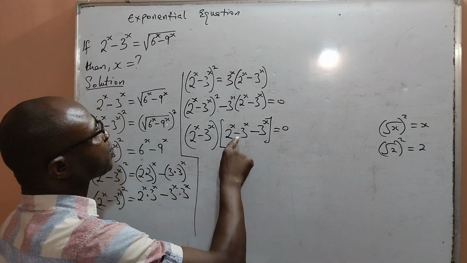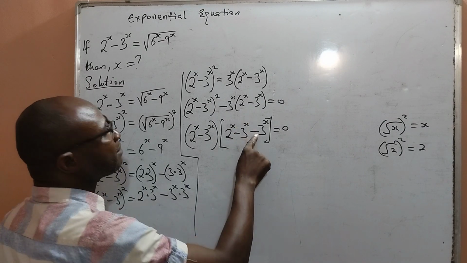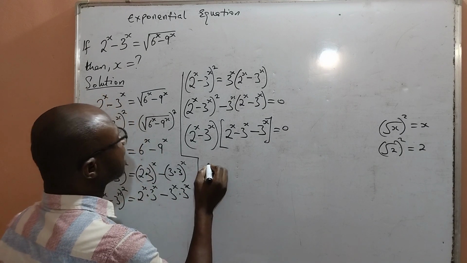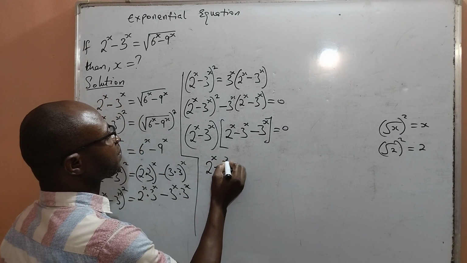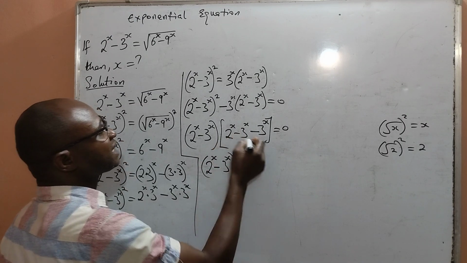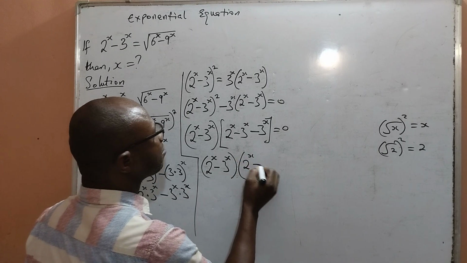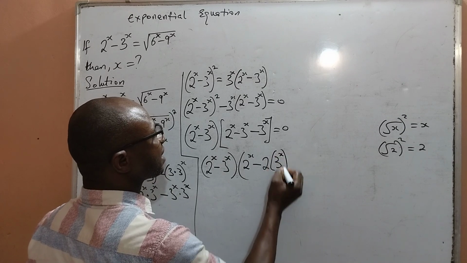I have here minus 3 raised to power x minus 3 raised to power x. I want to reconcile that. So I will have it written 2 raised to power x minus 3 raised to power x outside the bracket, then inside I have 2 raised to power x, then minus 2 into 3 raised to power x.